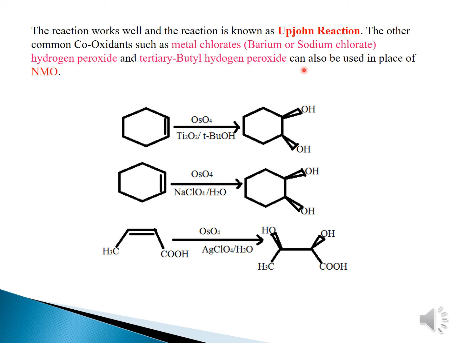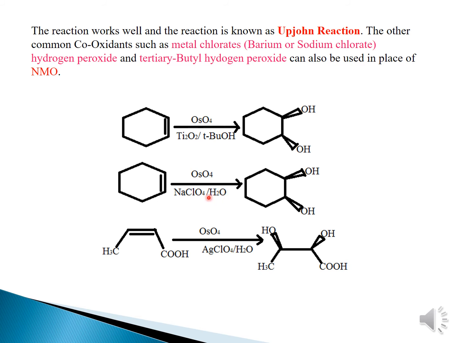In the Upjohn reaction, the condition you have to remember is that the reagents which will vary over here are osmium tetroxide and the co-oxidants. Okay, that is in presence of barium chlorate or sodium chlorate, so sodium chlorate or barium chlorate in presence of hydrogen peroxide.